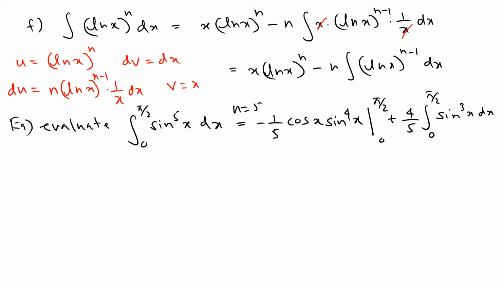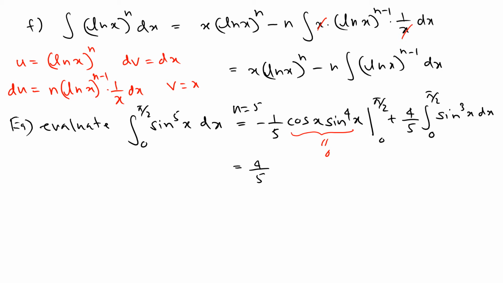Now we're going to evaluate the first one, and when you evaluate the product at the two endpoints, you can see one of the functions is 0. That means this whole thing is going to be 0, because one of the functions is 0 either at 0 or at pi over 2. So the product is 0, so that's gone. We only have 4/5 times the integral of sine cubed.